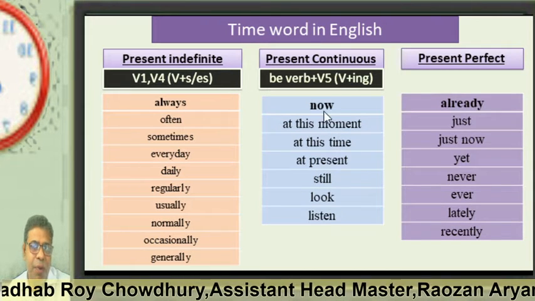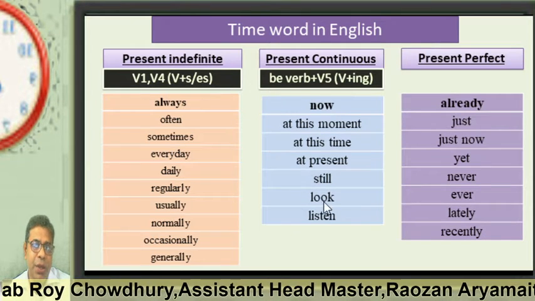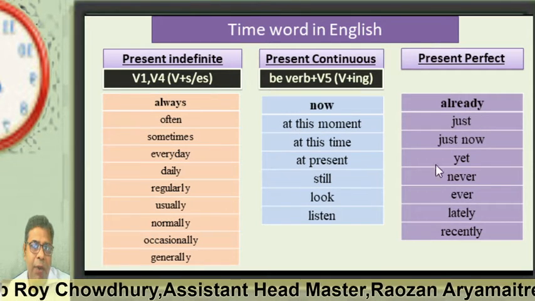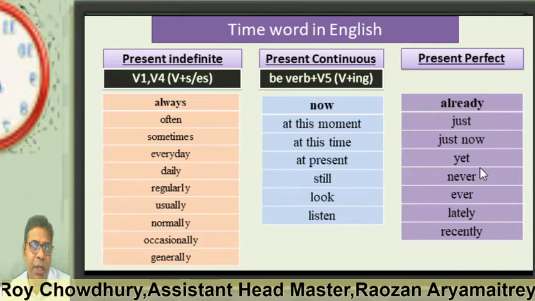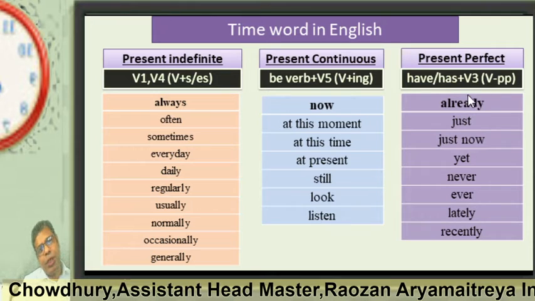That means you have to make the verb with ing. And if you see this adverb in a sentence, you need to use have plus V3, past participle.